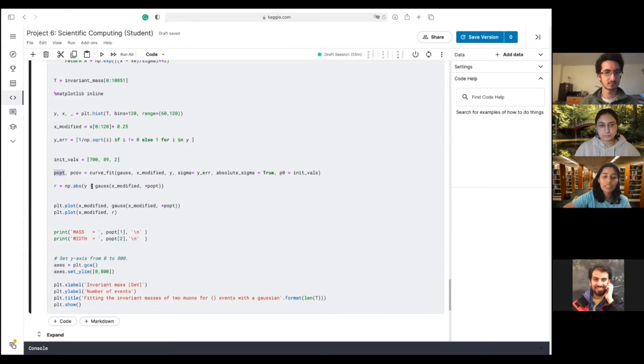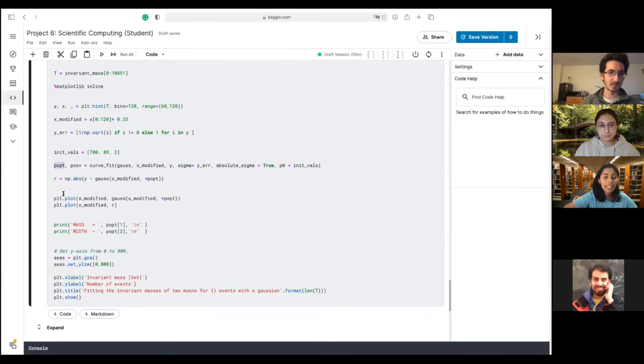So it's the Y value minus the predicted Y value, and the absolute value of that gives you the residues.